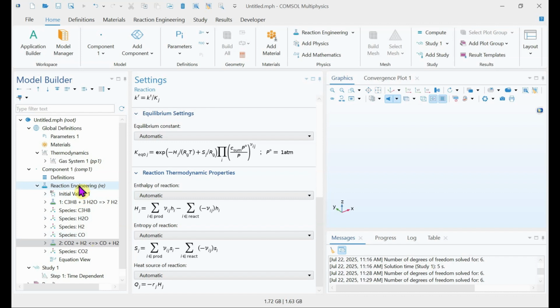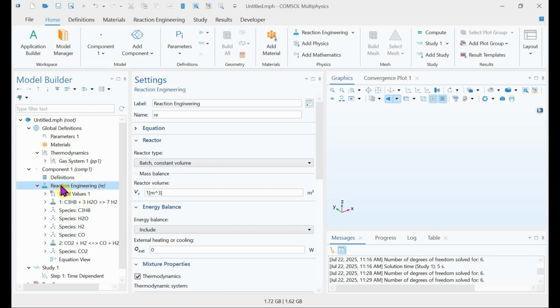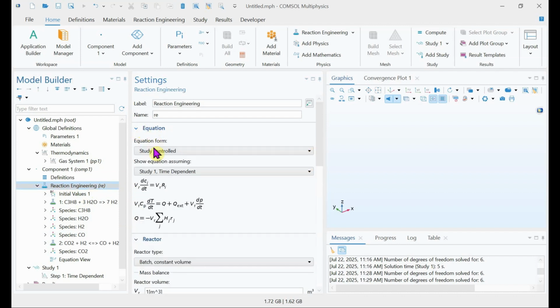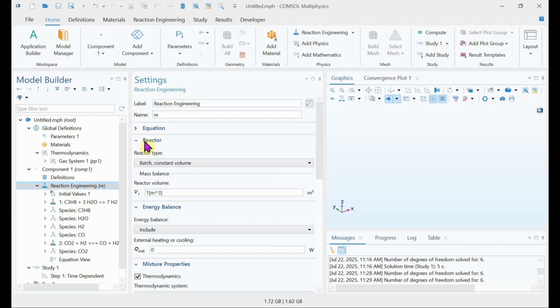And we need to add our assumptions and initial values. I click on reaction engineering here. You can see the equations that this module uses for calculation. The reactor type is batch, constant volume, and the volume is predefined by COMSOL.